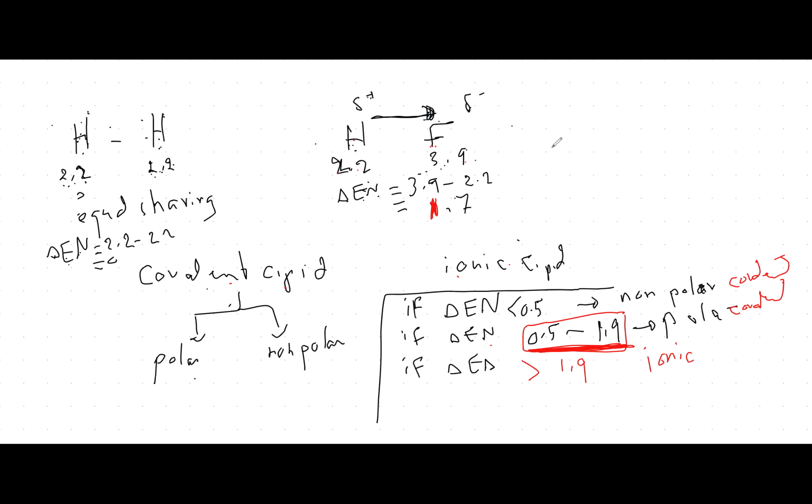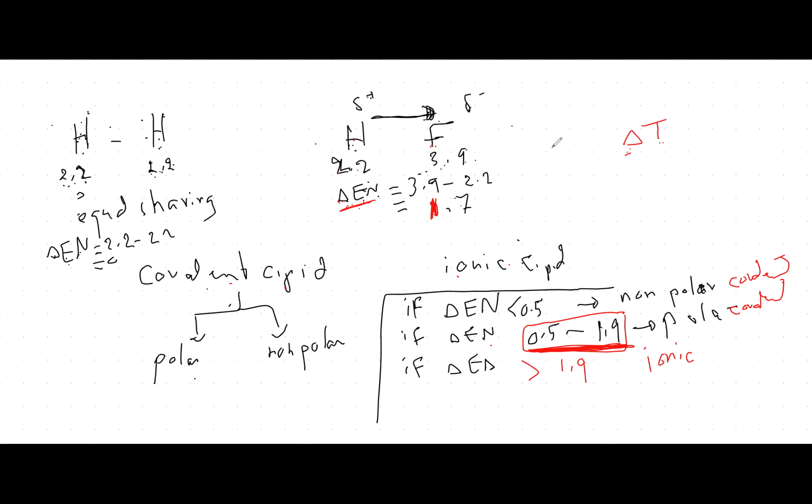Difference means, for example, the difference in temperature; here, it is the difference in the electronegativity. The difference in electronegativity is 1.7. So he wants me to know that this is polar. It's a covalent compound. I know HF has positive and negative, metal and non-metal.